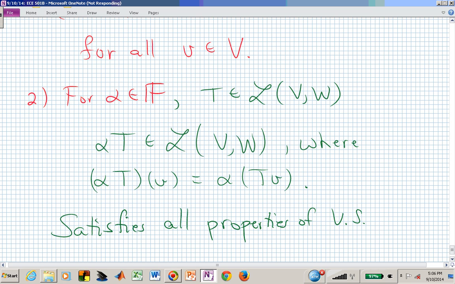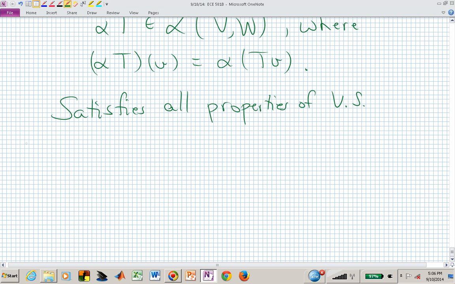Now, can I give you a question? The question is, what is the additive identity of the vector space of all linear operators from V to W? While the computer is thinking, think about what is the additive identity in your vector space L(V, W). That's the question.